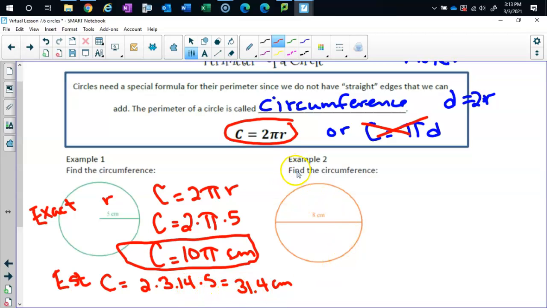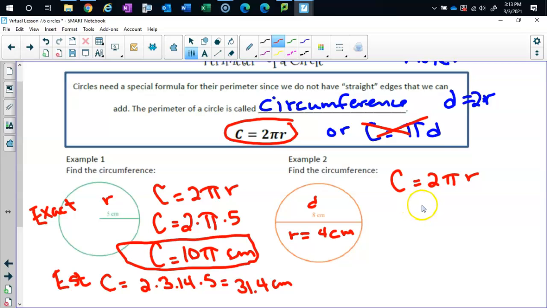All right. Find the circumference. Well, circumference formula is 2 pi r. What did they give us here? They gave us the diameter. That's the whole way across. So that's the diameter. Diameter is 8. Wouldn't the radius be 4 centimeters? So let's go up here to our formula.